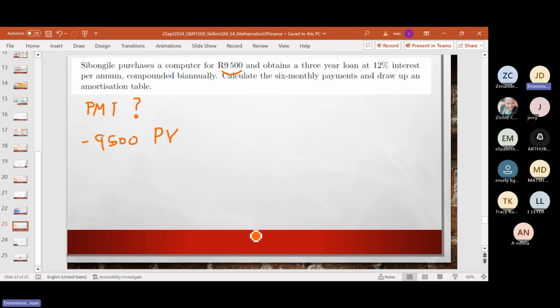You pay off the loan, so there will be no future value. And then all the other things again also apply. So you will have a 12% interest per year. They say compounded biannually.